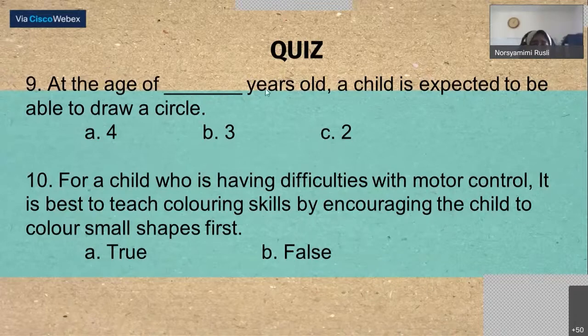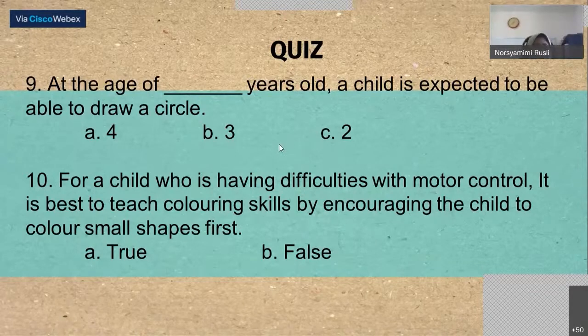Number 9, that's letter B. Yes, good job. Someone says C, but the answer is B. At the age of 3 years old, the child is expected to draw a circle.